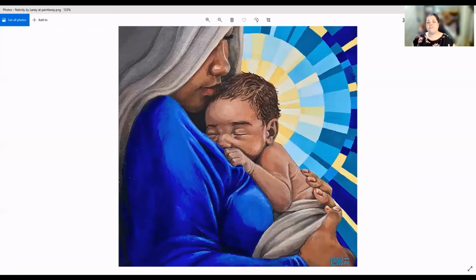Are there new or continued words or emotions, feelings, ideas that are bubbling up as you continue to look upon this?